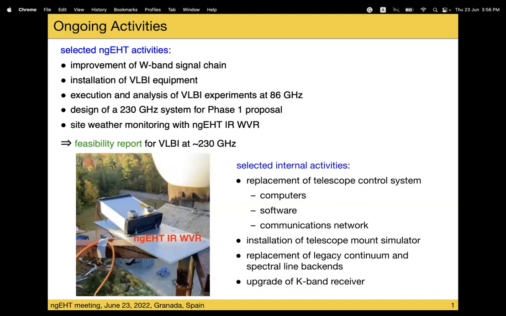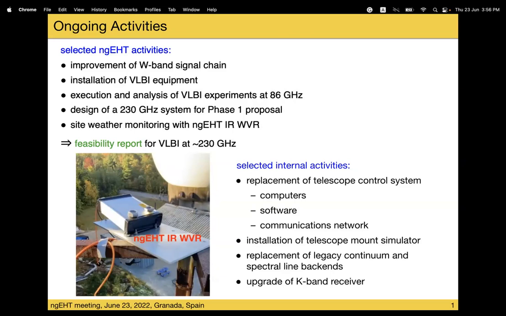And ongoing activities, selected ngEHT activities are these: improvement to the W-band signal chain, installation of VLBA equipment to establish VLBA capabilities, tag-along experiments. So far we have done them at 86 gigahertz.